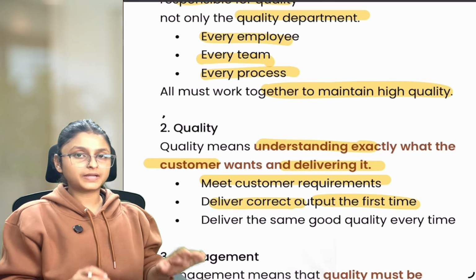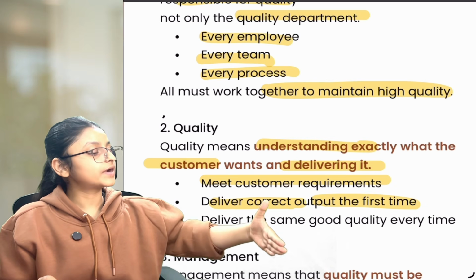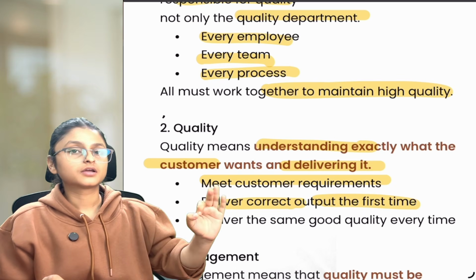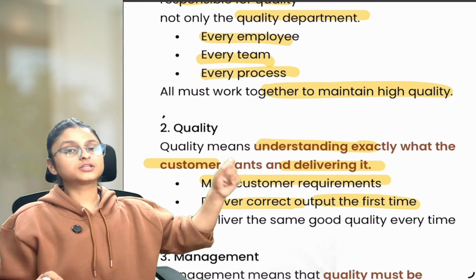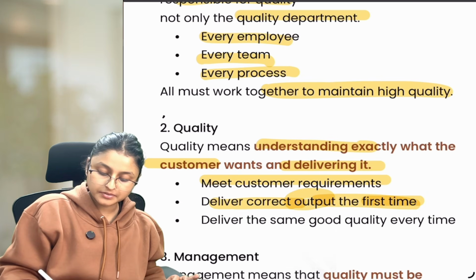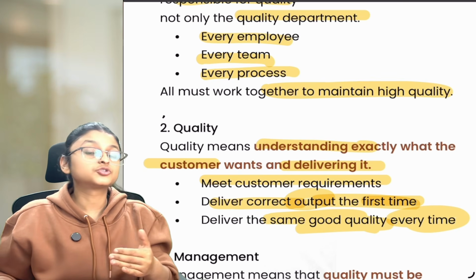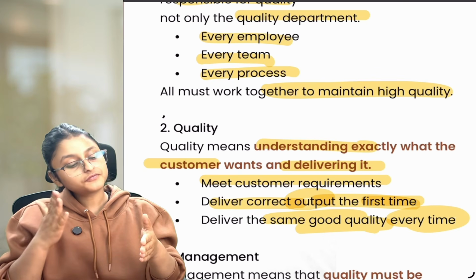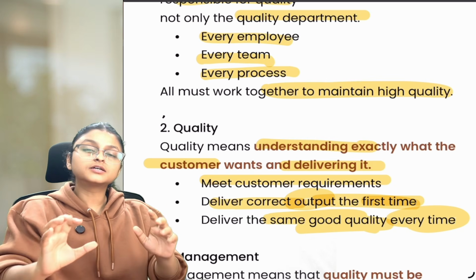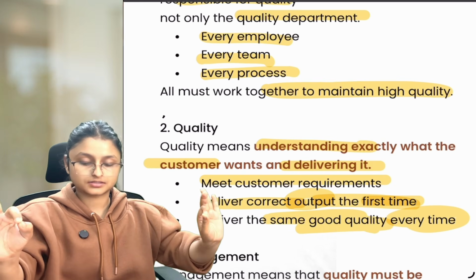That means while applying TQM, we will make sure that the first time we are providing the output to our customers, we are providing it perfect, and every time we will make sure that the quality is top notch. So deliver correct output the first time and deliver the same good quality every time. That is what is ensured under TQM, that from the first time itself we should perform really well. So quality here means understanding what the customer wants and delivering exactly as it is.